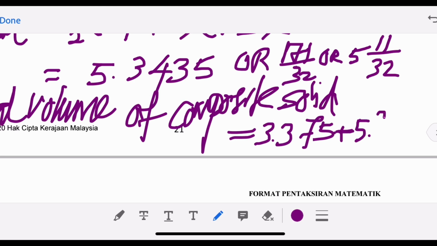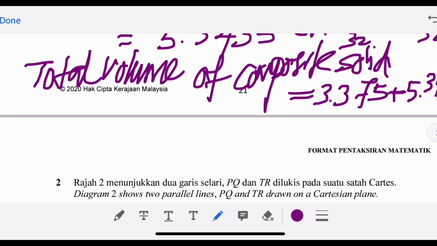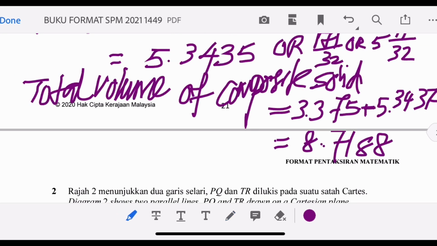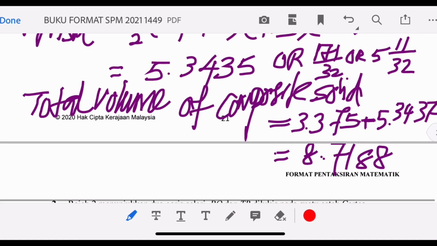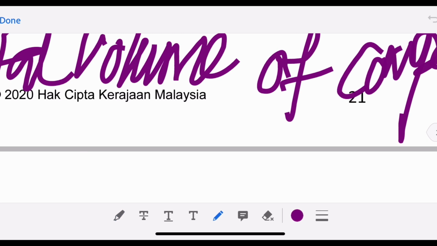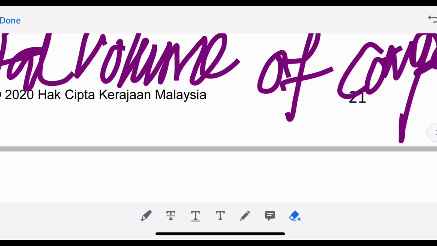Or you can use the two fractions and add up; the answer will be the same. So finally your answer is 8.7188, or you can write your answer in fraction or mixed fraction. But make sure if you write in decimal, you must round off to 4 significant figures.